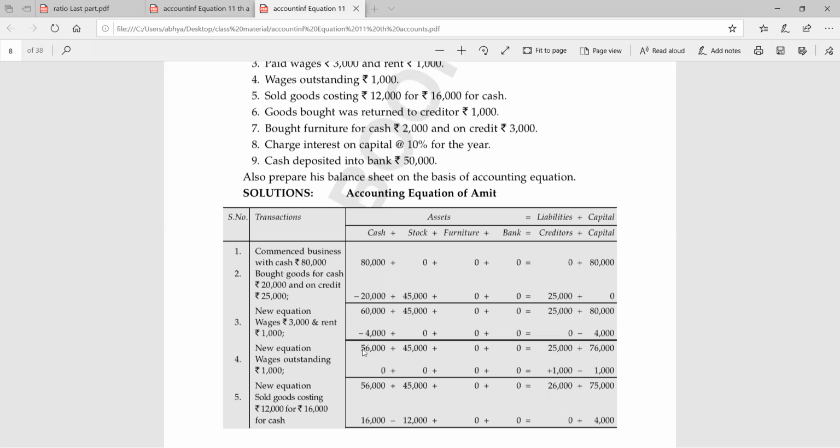Outstanding means we were supposed to pay, but till now we have not paid. And they are also known as expenses due but not paid. Expenses due but not paid means we have taken the services and we were supposed to make the payment, but till now we have not made the payment. It means in future we have to pay this amount.